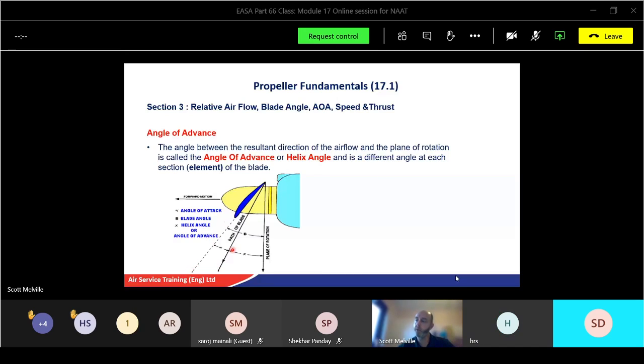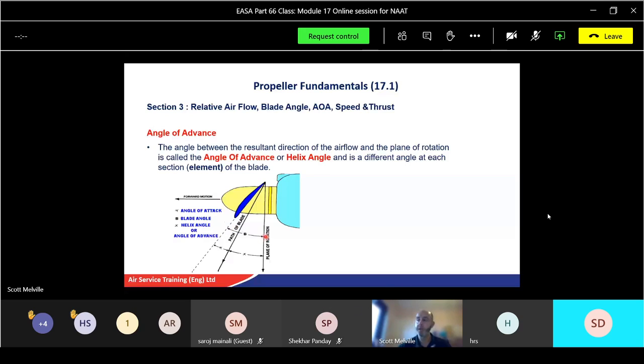That'll be a relative airflow there as well. Now that's your normal angle of attack, as you would find on your wing. Then we've got the blade angle. Now the blade angle is the whole angle between the chord line and the plane of rotation. So there's three things you're going to look at. Angle of attack, yes, your normal relative airflow to the chord line, that small part there.